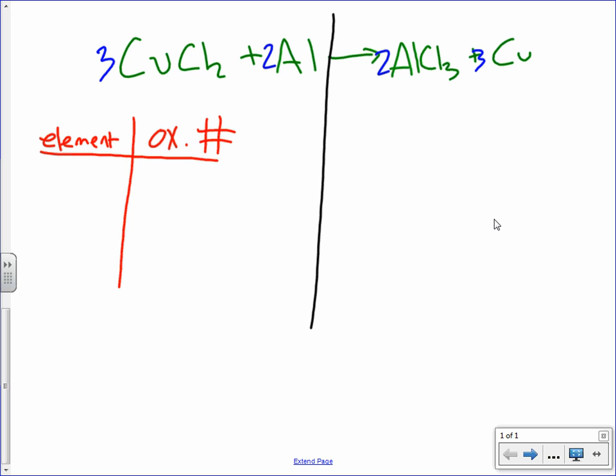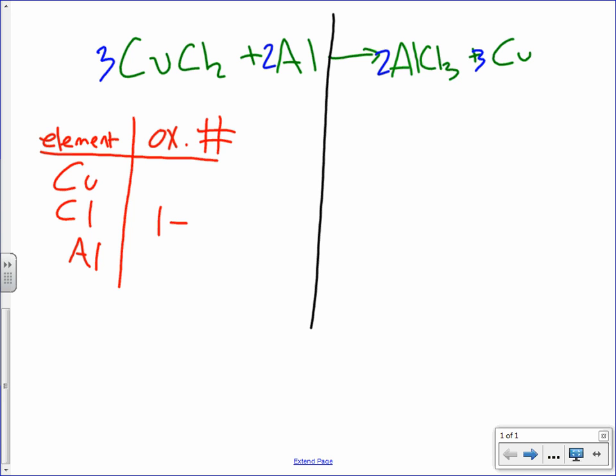So our elements are going to be copper, chlorine, and aluminum. So on the reactant side, copper and chlorine are part of a compound, so they're going to be ions. They're going to have charges. Now we know that chlorine is typically a 1-, and it is here. It's a -1.